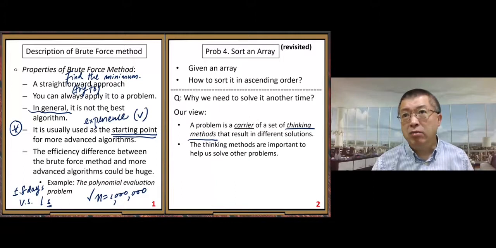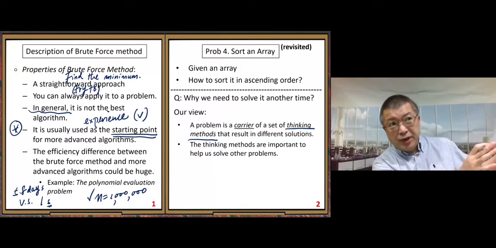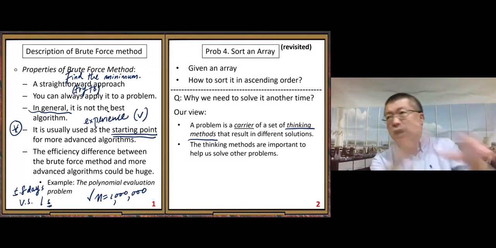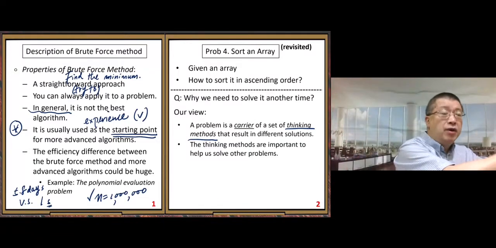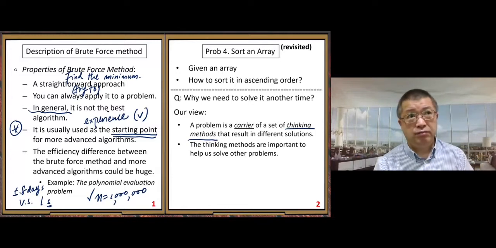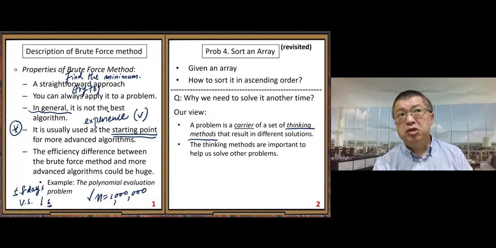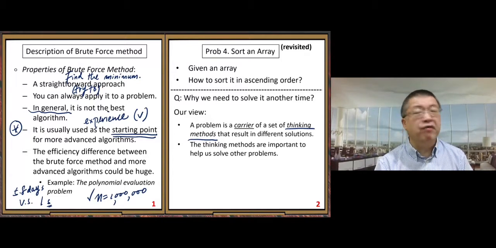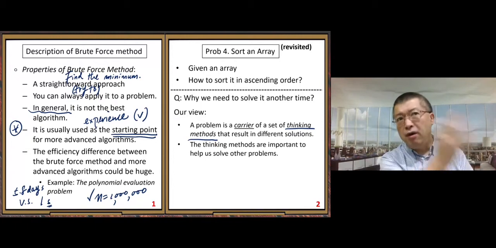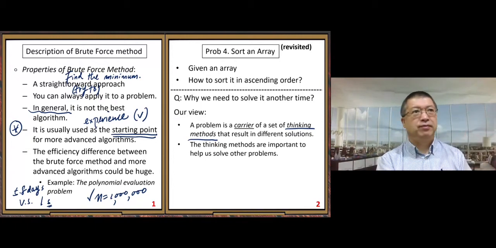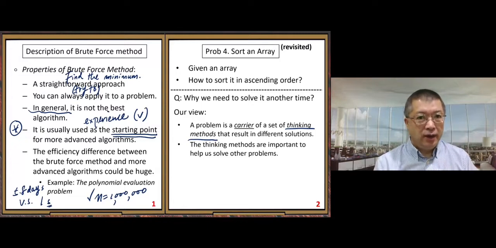That's the most valuable thing. Not a particular solution like selection sort or other sorting algorithms, which we will have many of later. Not those specific solutions; the thinking methods are more valuable. We need those thinking methods.